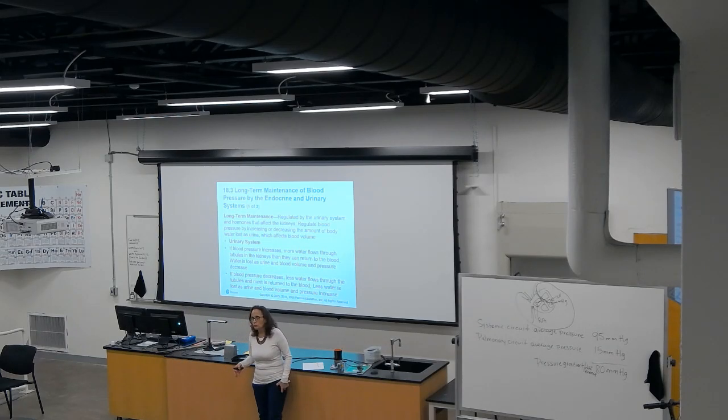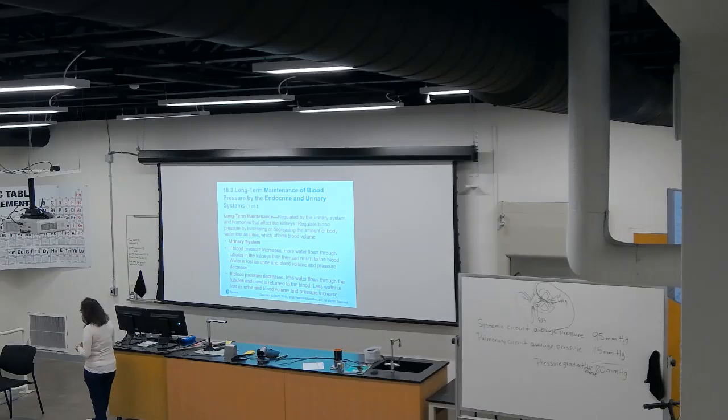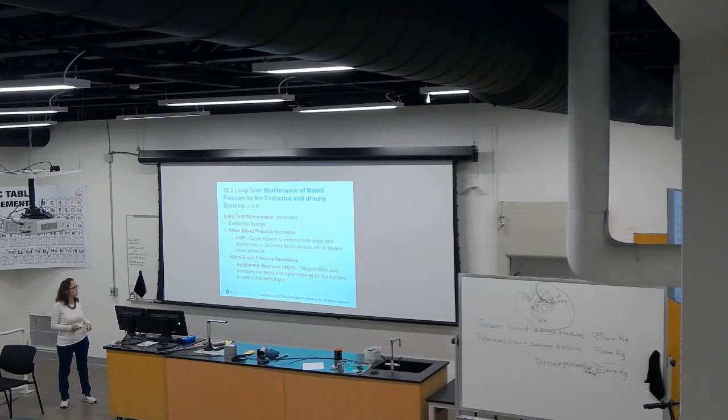And your kidneys will detect the levels of oxygen and also distension. So if you have low oxygenation and if you have low blood pressure, you will release an enzyme that is called renin. And that renin is going to be part of the cascade that is in charge of increasing blood pressure.